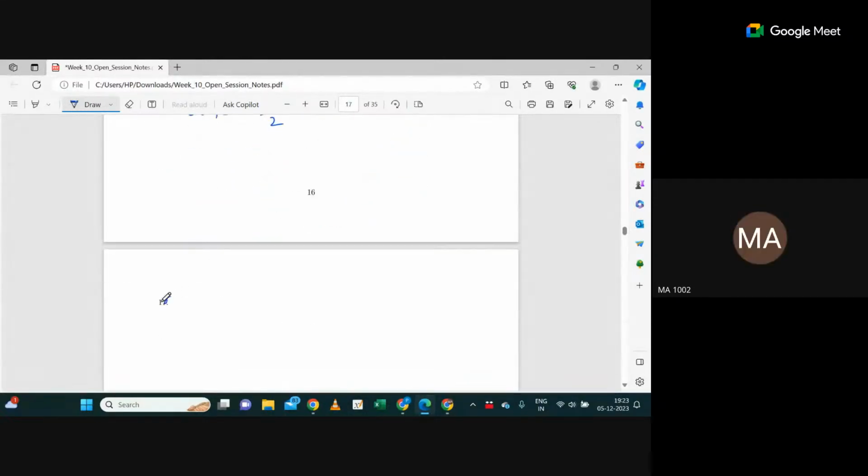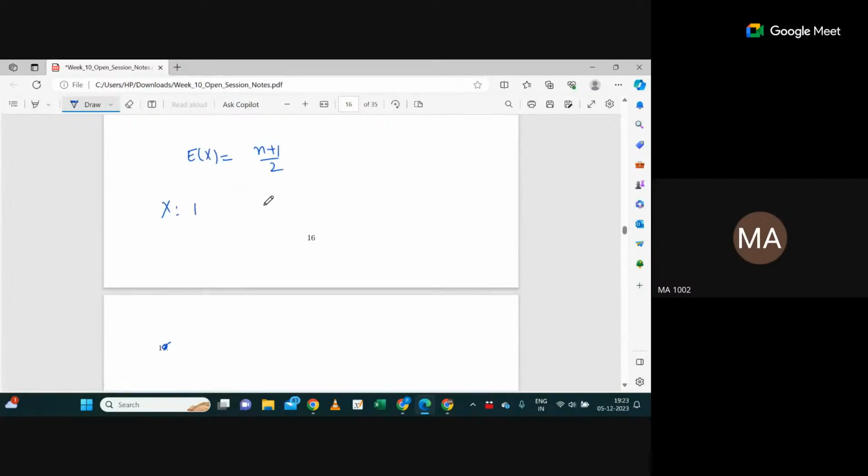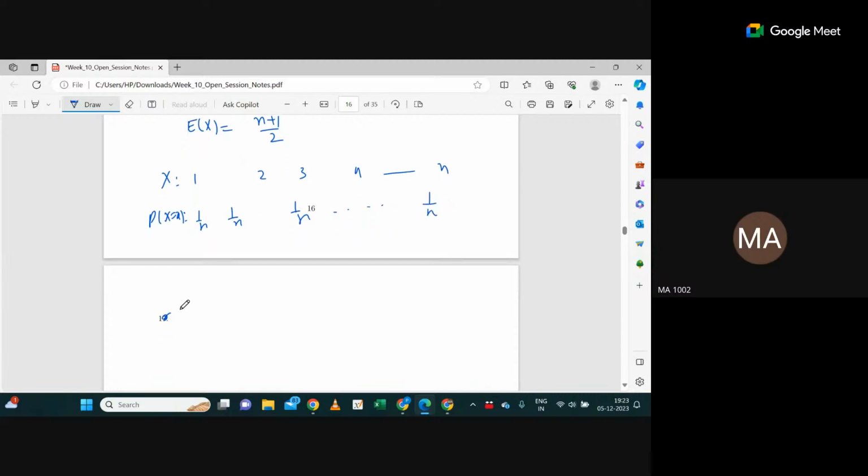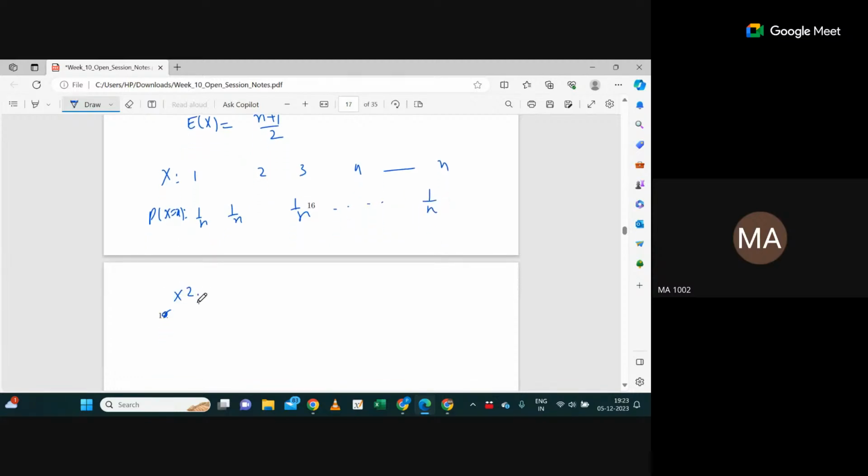The values are 1, 2, 3, 4 up to n, and the probabilities are 1 by n each. I need to calculate x square, so it will be 1 square, 2 square, 3 square up to n square, and all the probabilities will again be 1 by n.